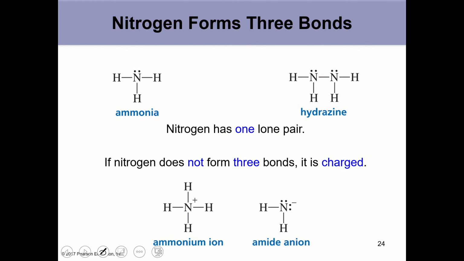It will have 1 lone pair, and if nitrogen differs from this, 3 bonds and 1 lone pair, then it should have a charge. It can't exceed 4 bonds. That's impossible. It's in row 2. If you're in row 2, you can't go beyond 4 bonds. So the maximum number of bonds is 4, but if it has 4 bonds, then it's going to have a positive charge. If nitrogen has less than 3 bonds, then it's going to have a negative charge, and you need to be able to figure that out.